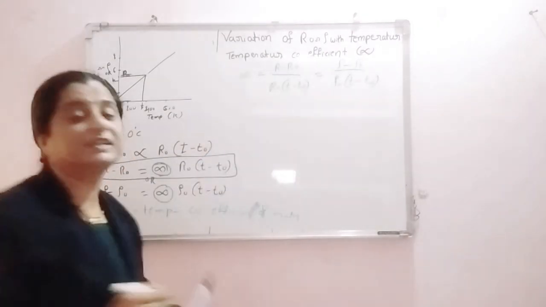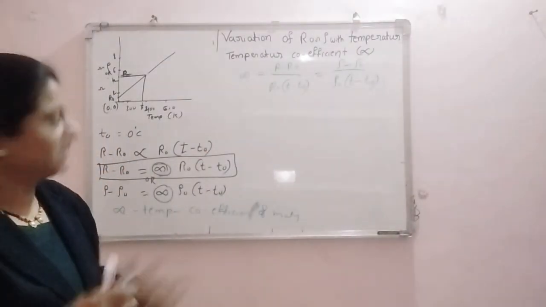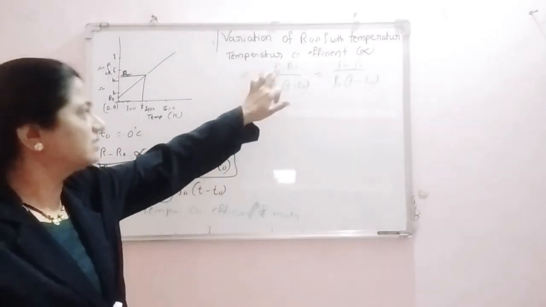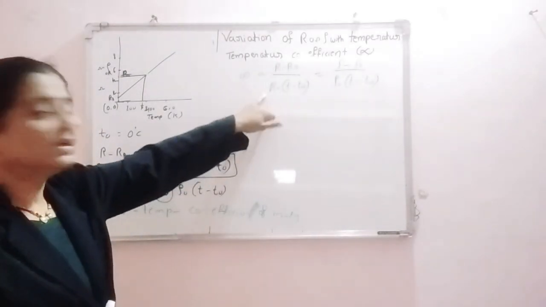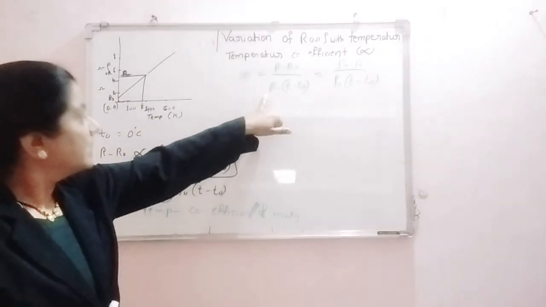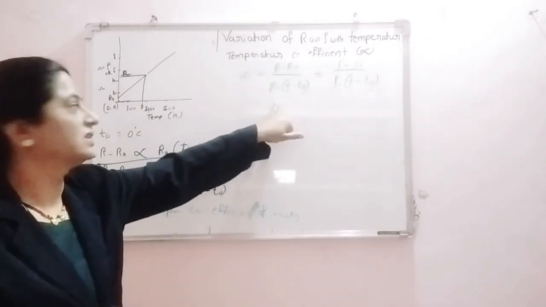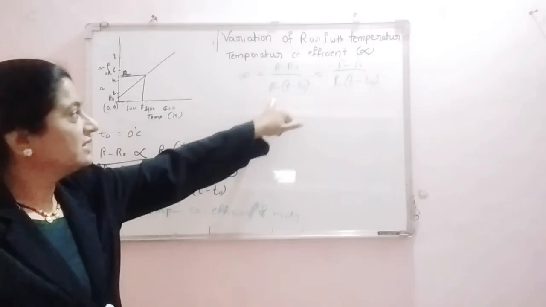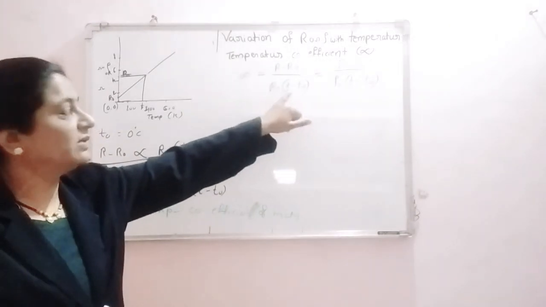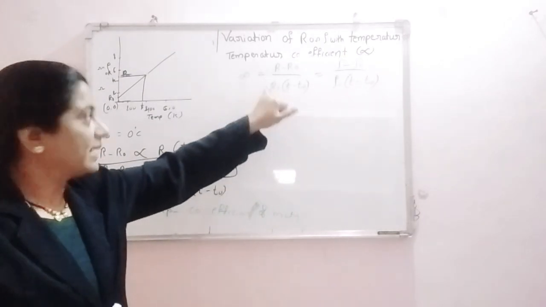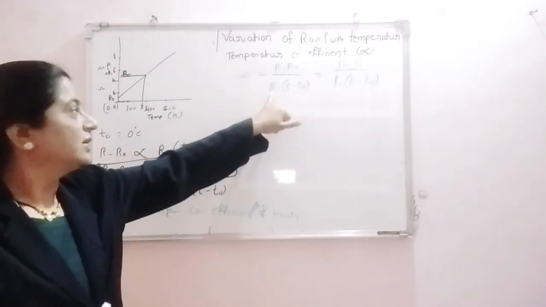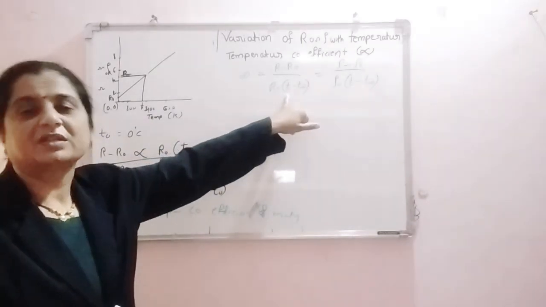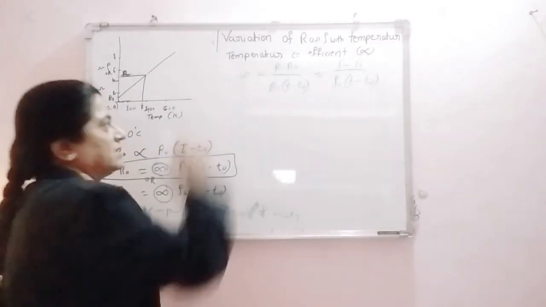The temperature coefficient is the change in resistance or change in specific resistance of a resistor, per initial resistance at a particular temperature, and per change in temperature, that is R minus R0.